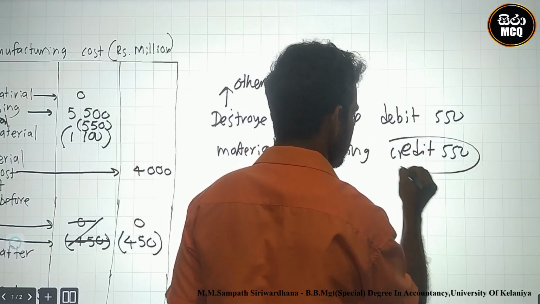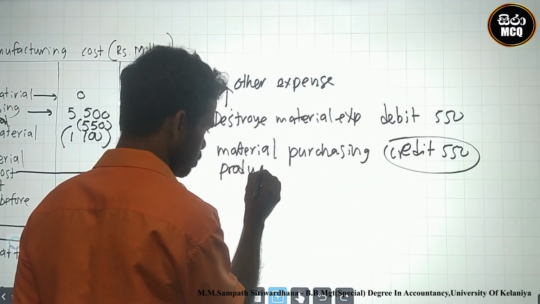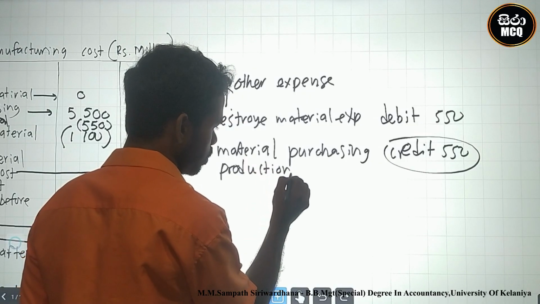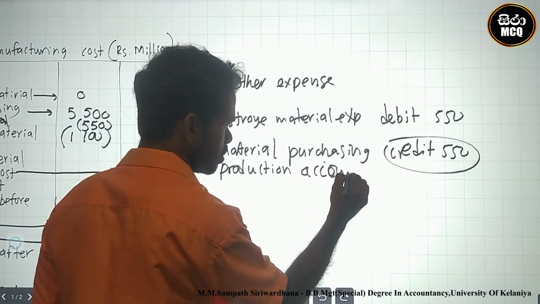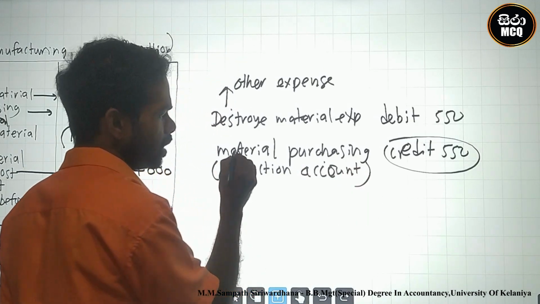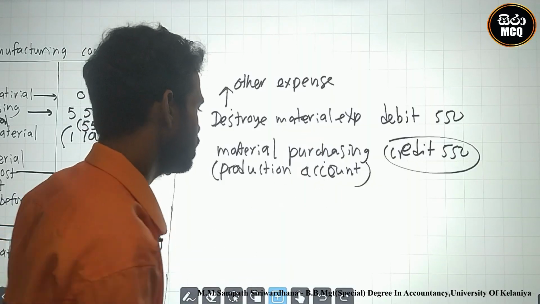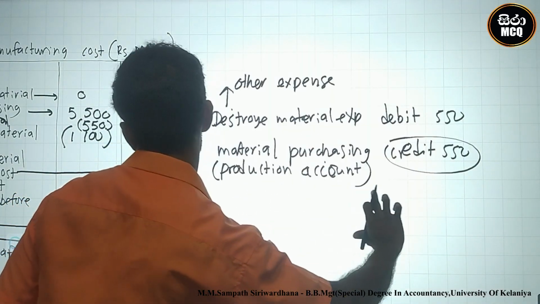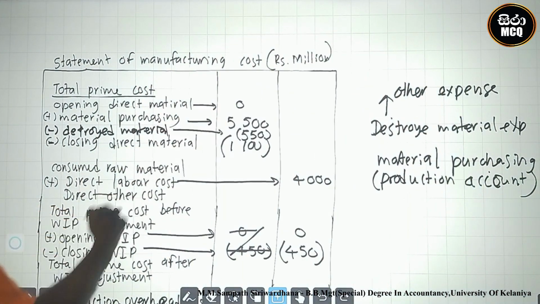Material purchasing credit means this is a production cost account credit of 550. This 550 credit was included in the purchases.